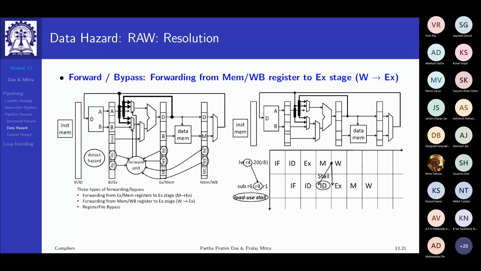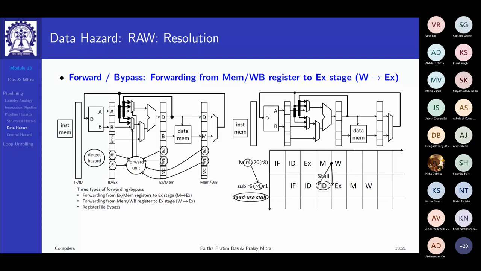But we can minimize the stall by giving that value after the memory has been read in the mem stage, before write back itself, because we know that is the value of R4 right now. So it just needs to stall for one cycle, but then it can proceed with the execution.